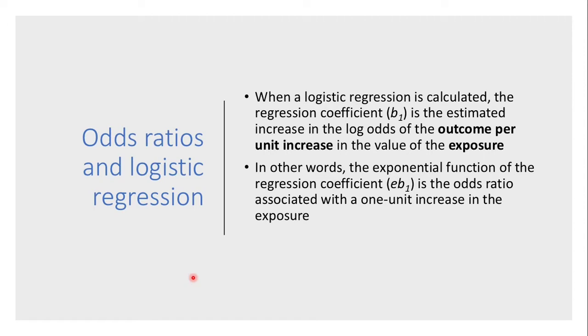And what it does is it takes the exponential function of that regression coefficient, and that essentially allows you to calculate the odds ratio, just like you would with a multiple regression, in terms of per unit increase in exposure to that particular variable.